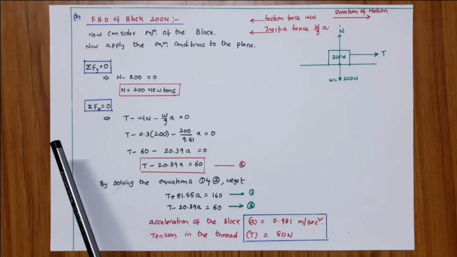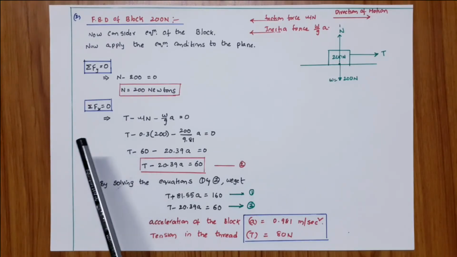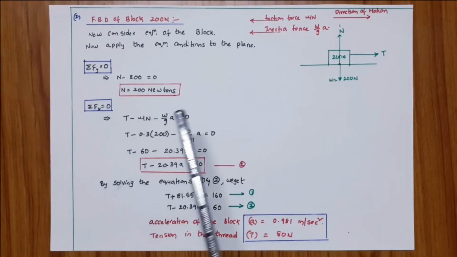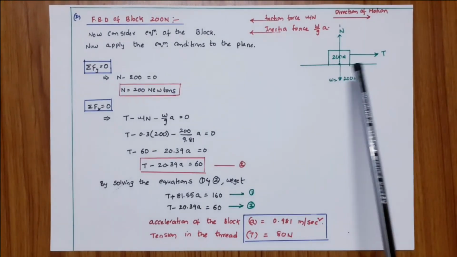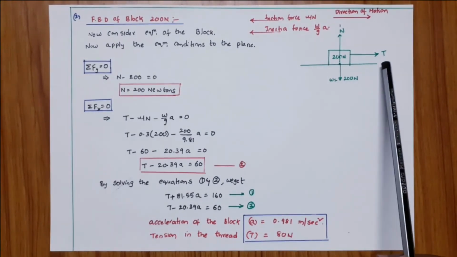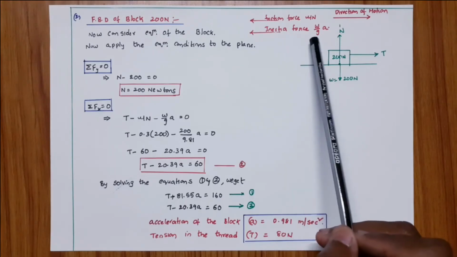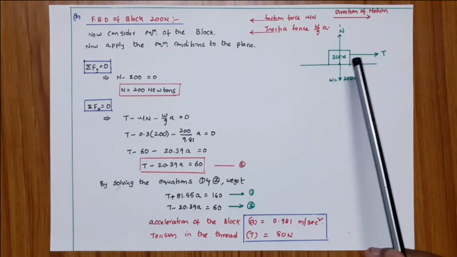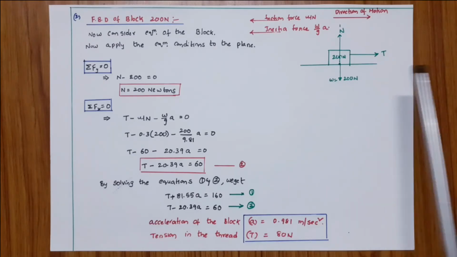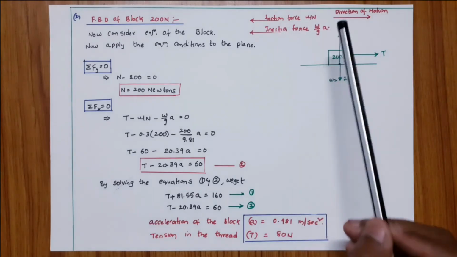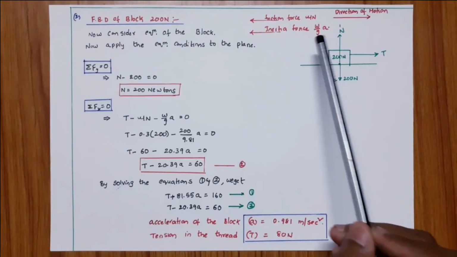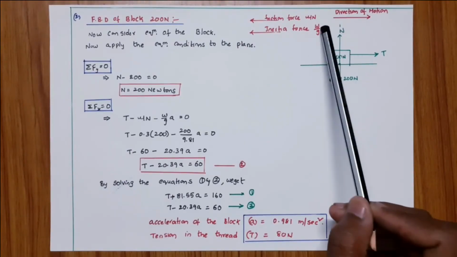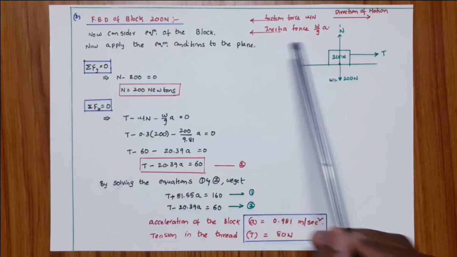Now apply the equilibrium condition: the sum of the forces in horizontal direction is 0. What are the forces in horizontal direction? T, friction force and inertia force. The forces acting in the direction of motion are positive, so tension T is positive. The friction force mu N and inertia force W A by g act opposite to the direction of motion, so these are negative forces.